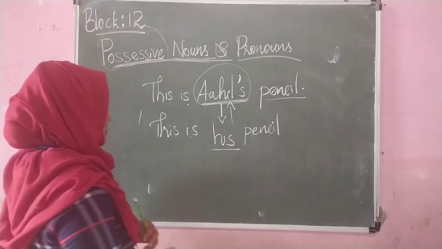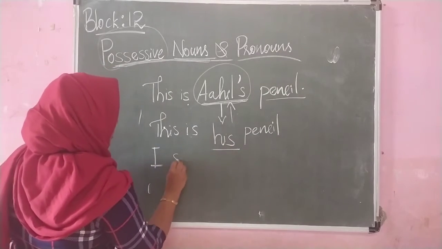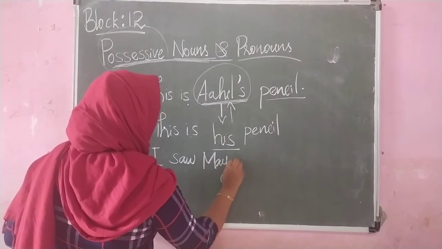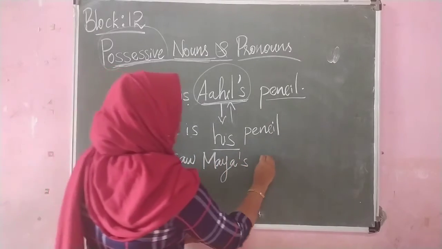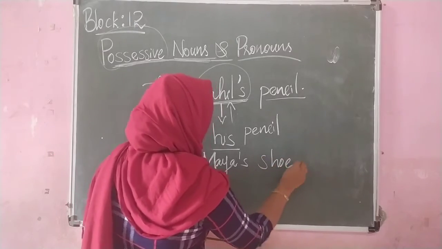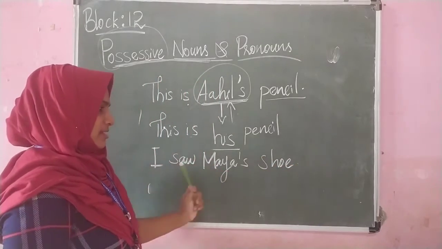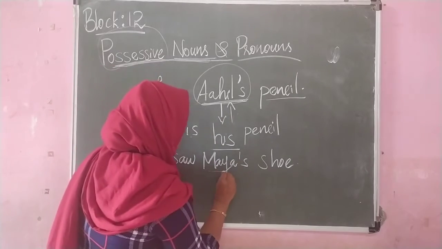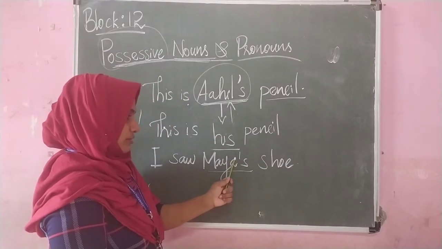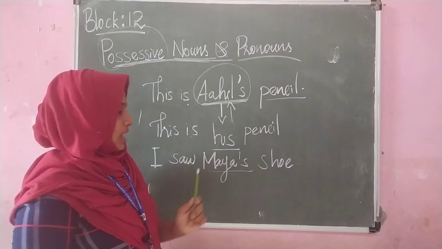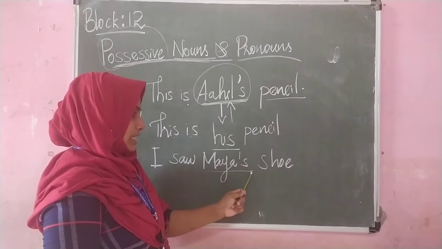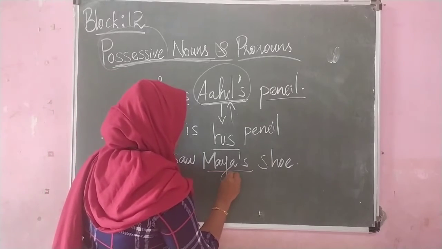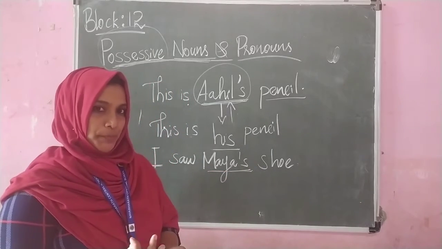Okay, for example, I saw Maya's shoe. Here in the sentence, which one is the possessive noun? Yes, Maya's. In possessive nouns we can see this apostrophe. So how can we replace this Maya with a pronoun?